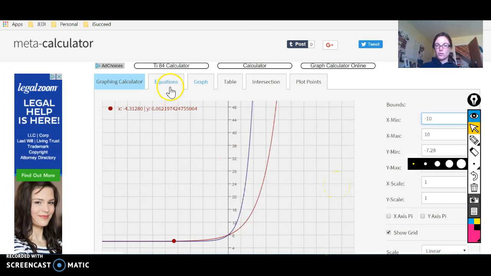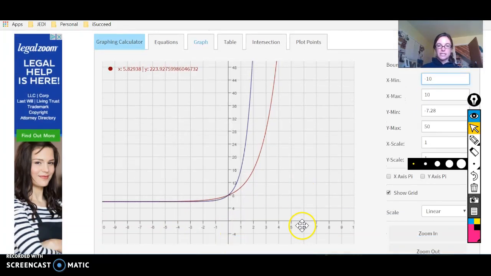The daycare center is in red and the high school is in blue. And what's happening, they both have that initial value there of 8. And they're both going to have that horizontal asymptote at 6, but it's going to take longer.